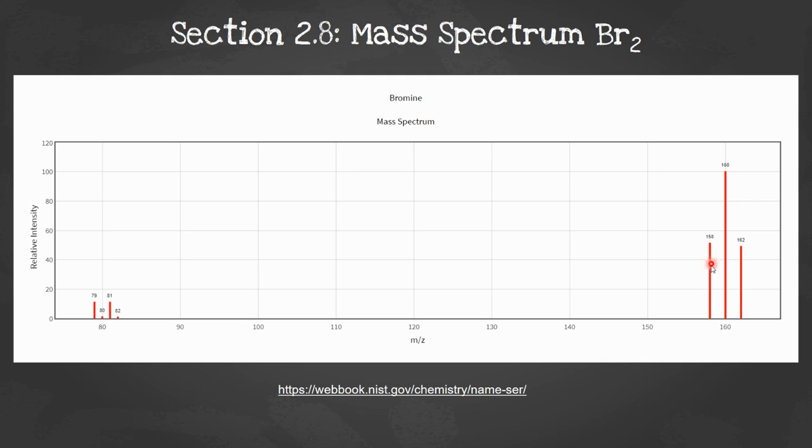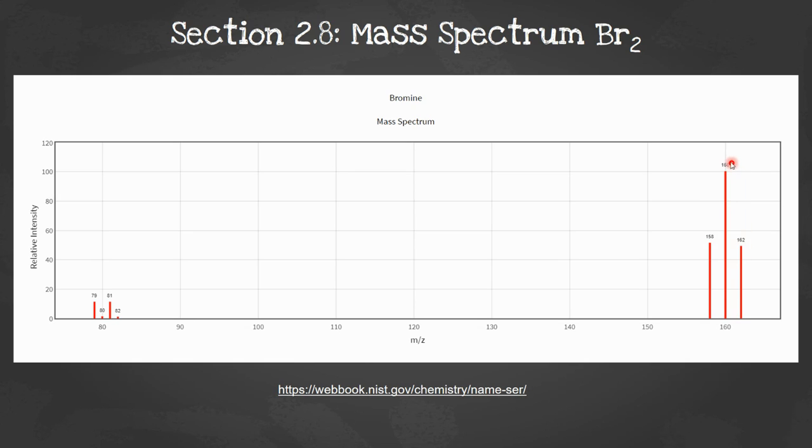We have 3 different peaks over here that are visible. There might be some that we can't see. And Br2 is going to be twice as large. So these peaks over here are from the 2 bromine atoms that are still stuck together.